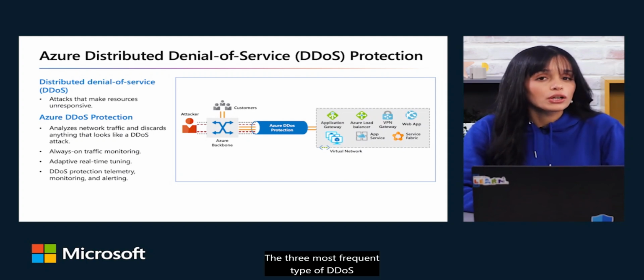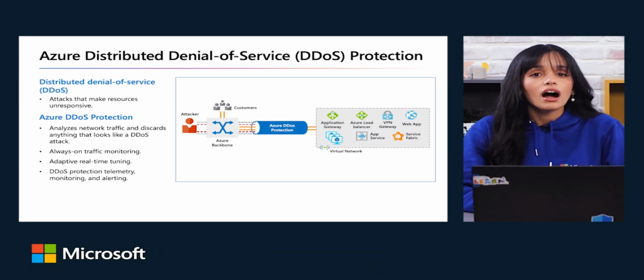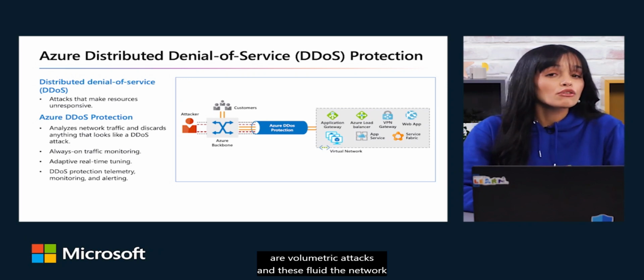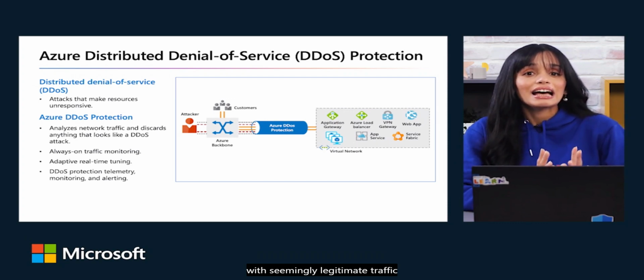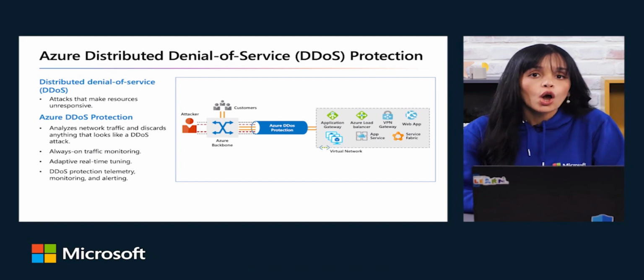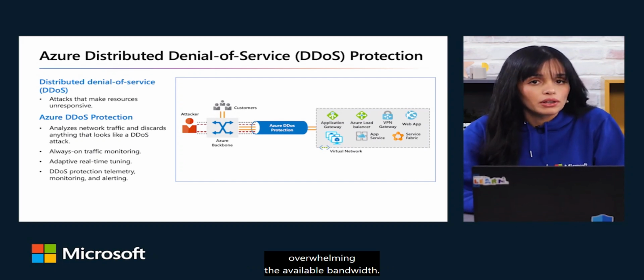The 3 most frequent types of DDoS are volumetric attacks, and these flood the network with seemingly legitimate traffic, overwhelming the available bandwidth.